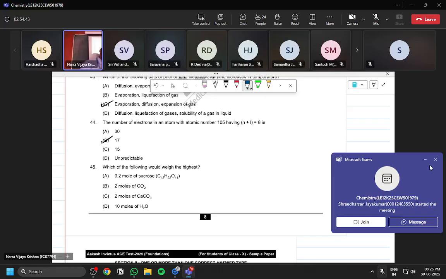105: 1s2, 2s2, 2p6, correct? Again, 1s2, 2s2, 2p6, 3s2, 3p6, 4s2, 3d10, 4p6, 5s2, then 4d10, 5p6, 6s2, 4f14, 5d10, 6p6, 7s2, 5f14, 6d3 over.